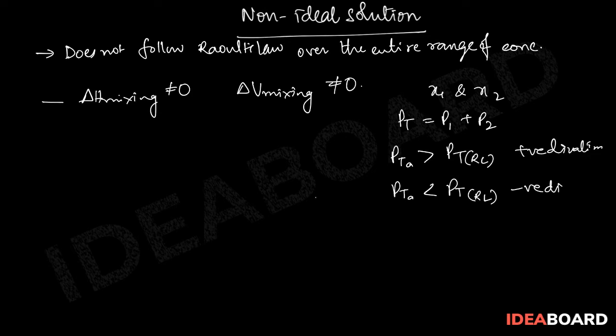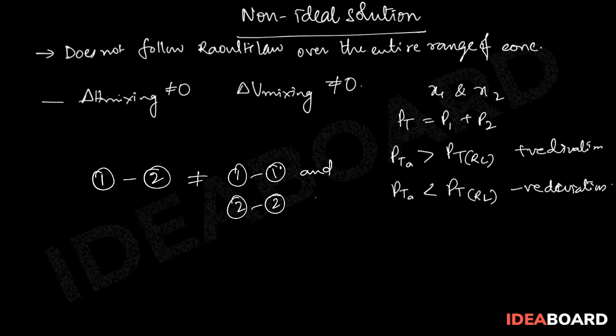Both are important, both will be studied. Negative deviation. Here in such situations, actually the interaction between component 1 and component 2, that is solute and solvent, is not exactly same as that of 1 and 1, the interaction within the solvent, and the interaction within the solute.